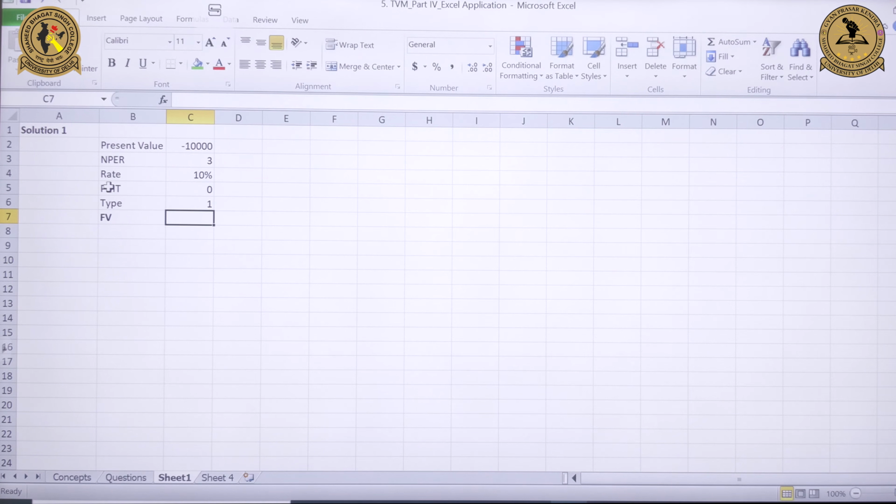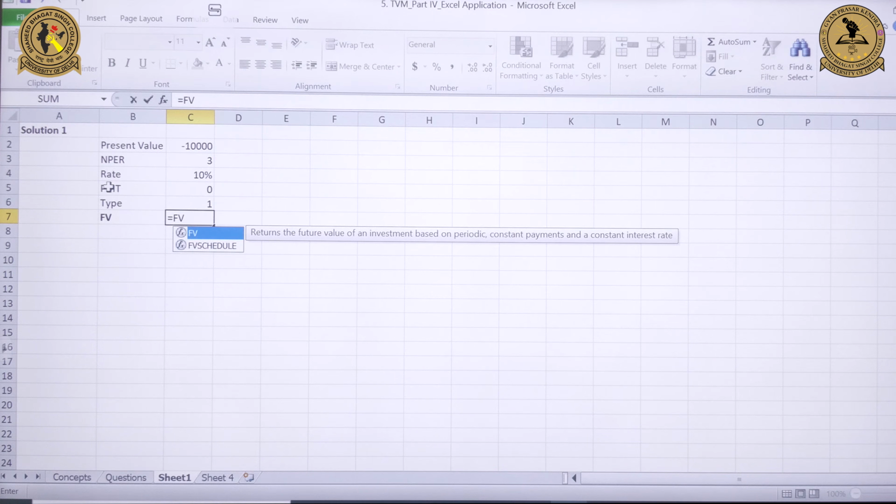Again, the MS Excel function for future value is equals to FV. The moment I write equals to FV and double click on it, it will ask for rate of interest, which is 10% in this case. Just click on 10%, put comma.